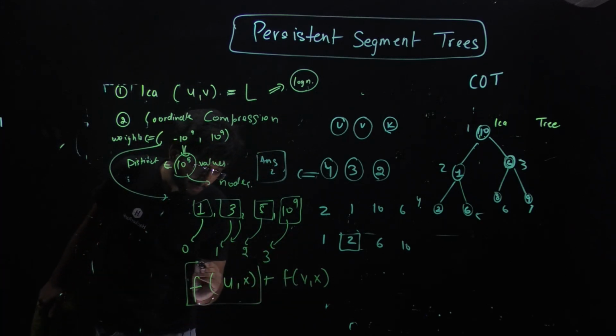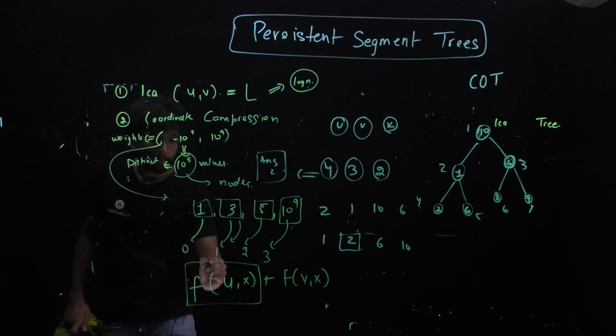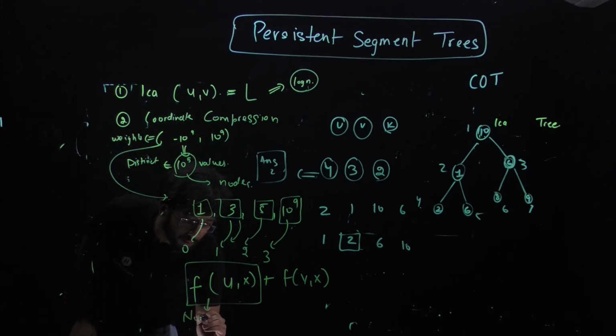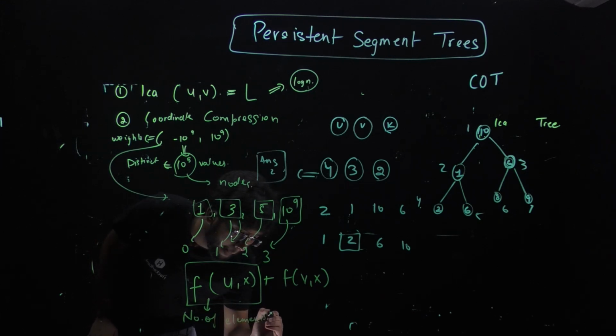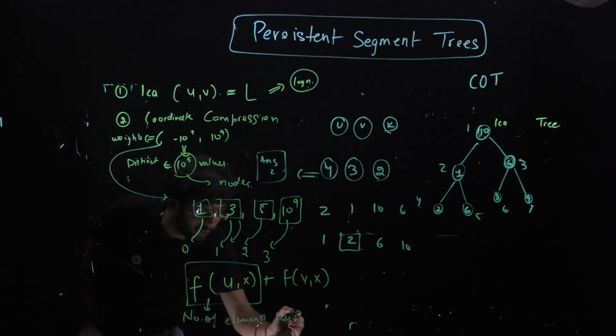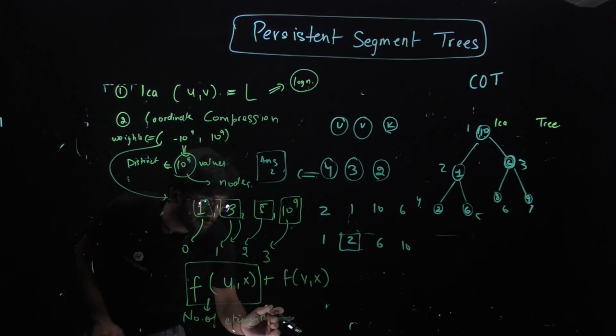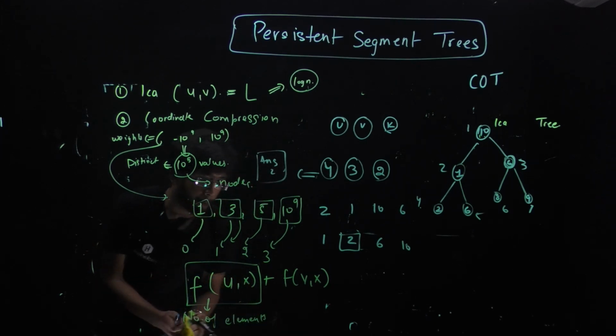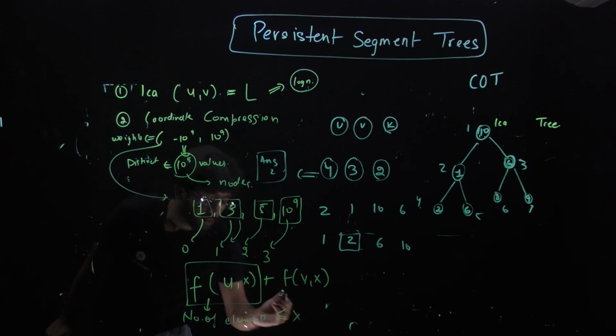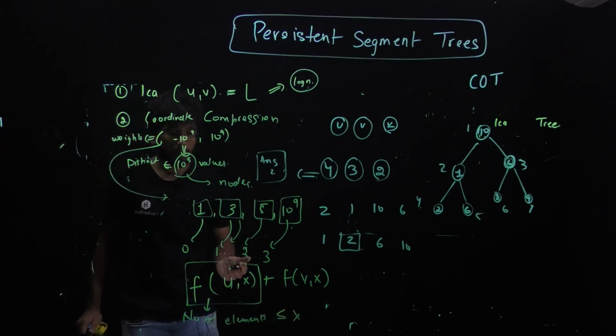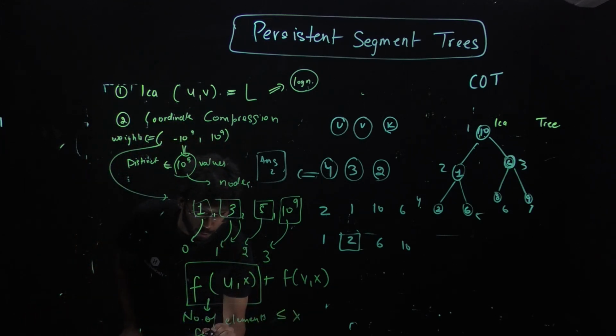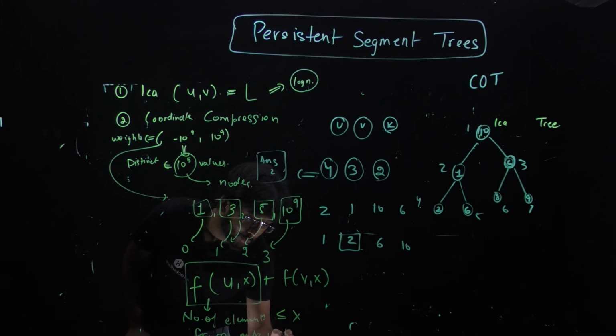This can be described as the number of elements less than equal to x from node U to the root of the tree.